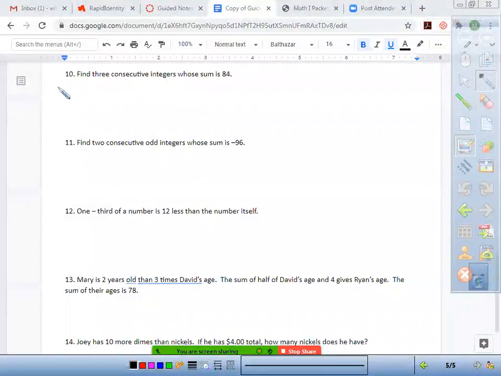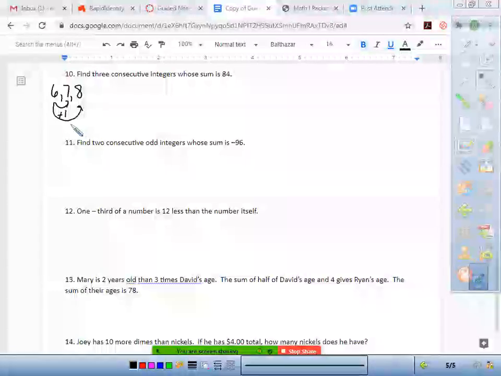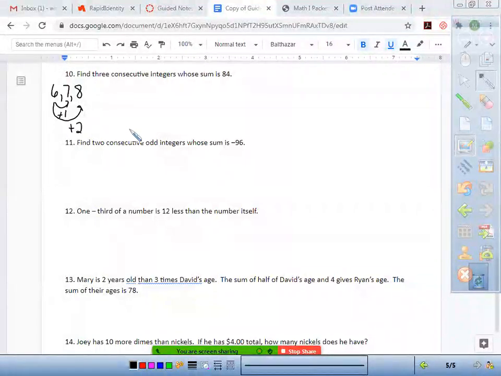Let's just use 6, 7, and 8 for instance. I'm not saying this is the right answer, I'm just saying let's use them as an example. So to go from 6 to 7, I do what? Plus 1. But to go from 6 to 8, I have to do what? Plus 2.